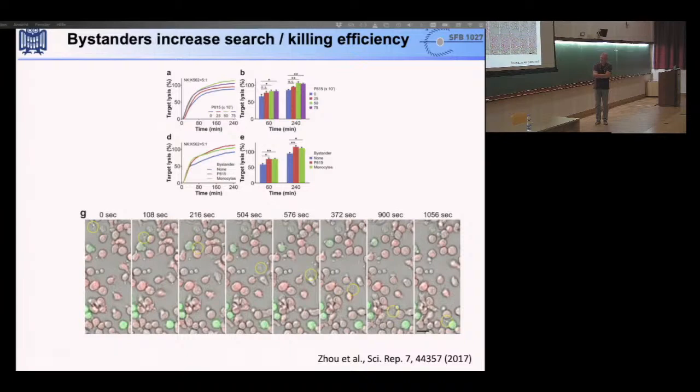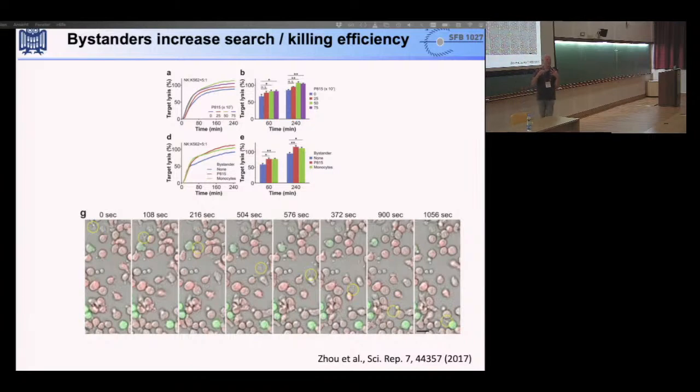label, you can easily measure the killing efficiency of this ensemble of T cells, simply because you get a certain light intensity from a large number of target cells that are still alive. When you kill them, they don't shine anymore.